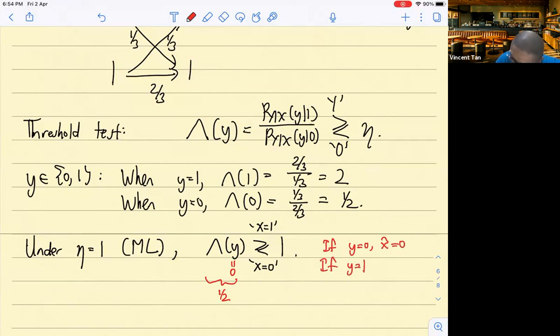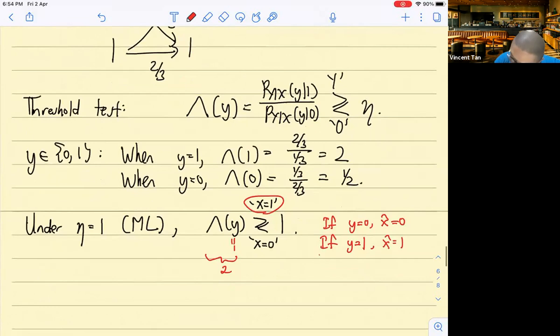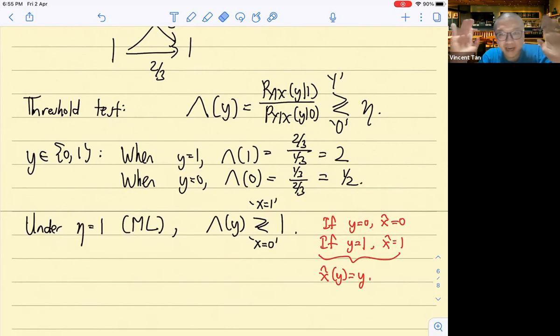Conversely, if Y is equal to 1, this will be equal to 2. So I will take the top clause here, right? I will choose X hat equal to 1. So just to summarize, X hat must be equal to Y in this case. So that's maximum likelihood decoding.